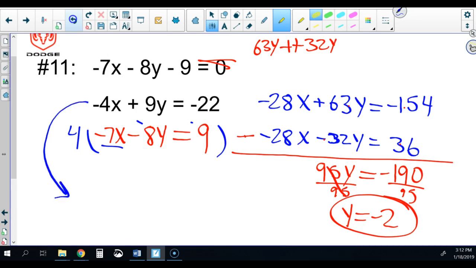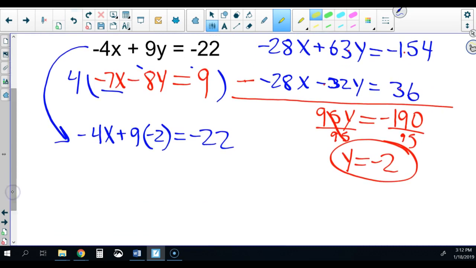None of these equations really look nice, but oh well. Negative 4x plus 9y, but we're going to plug in negative 2 for y, equals negative 22. We can solve this equation. That is negative 18. Negative 4x minus 18 is negative 22.